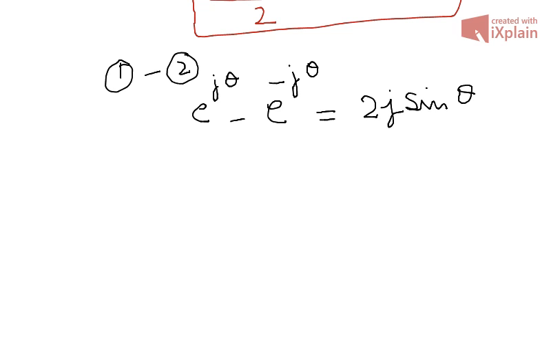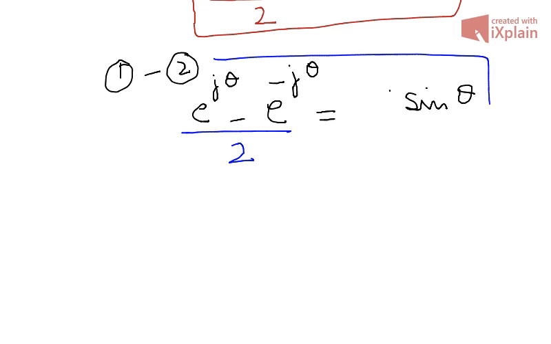If you divide both sides by 2j, you get the expression for sine of theta: e raised to power j theta minus e raised to power minus j theta over 2j. So you get these identities.